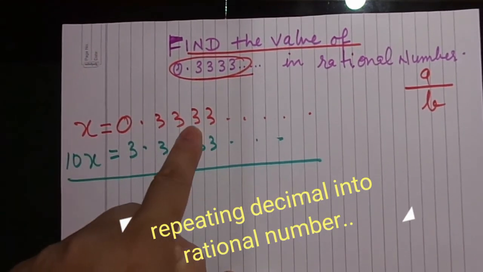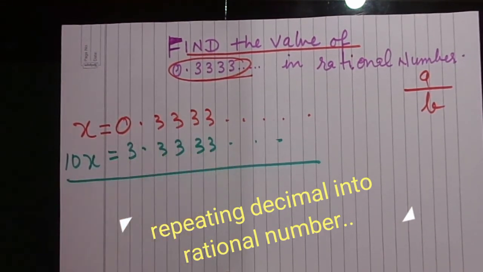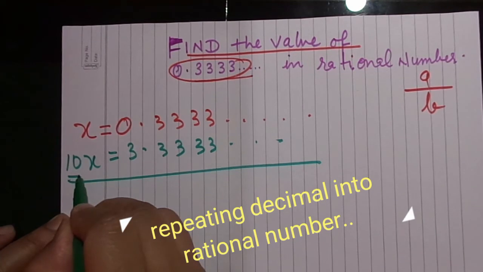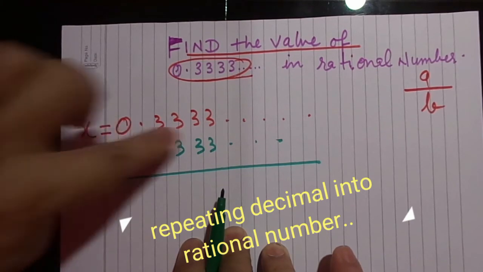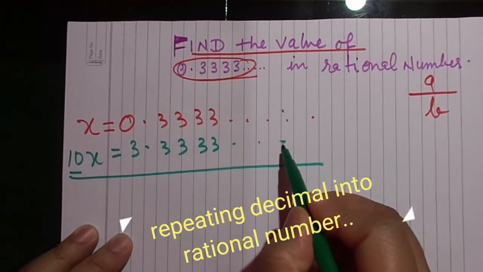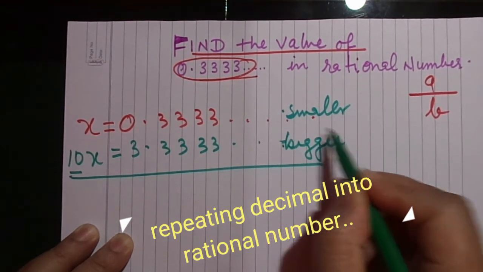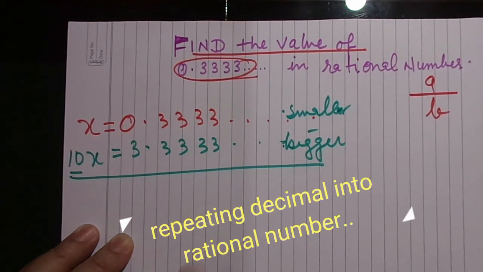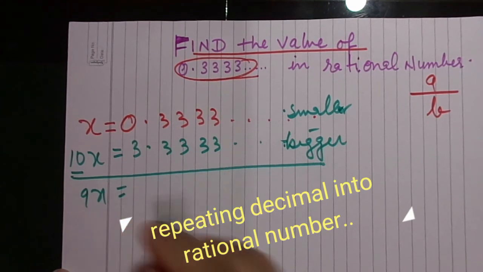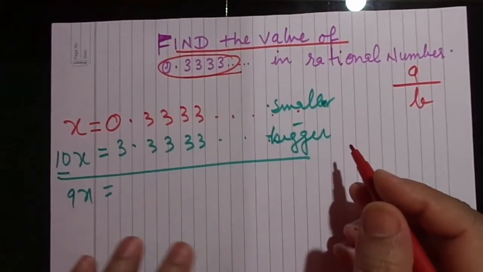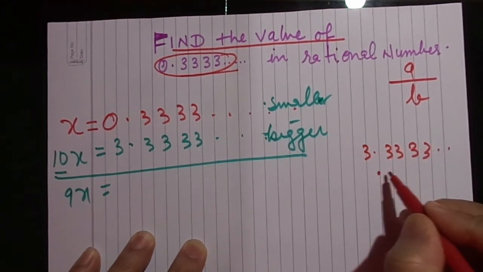When you multiply both sides by 10, 10 into x is 10x, and 10 into this will be 3.3333 as it is. Now when you subtract the smaller number from the bigger number, this is your smaller number and this is your bigger number. So when you subtract the smaller from the bigger, you will get 9x over here, 10x minus x, and here 3.3333 and so on minus 0.3333.